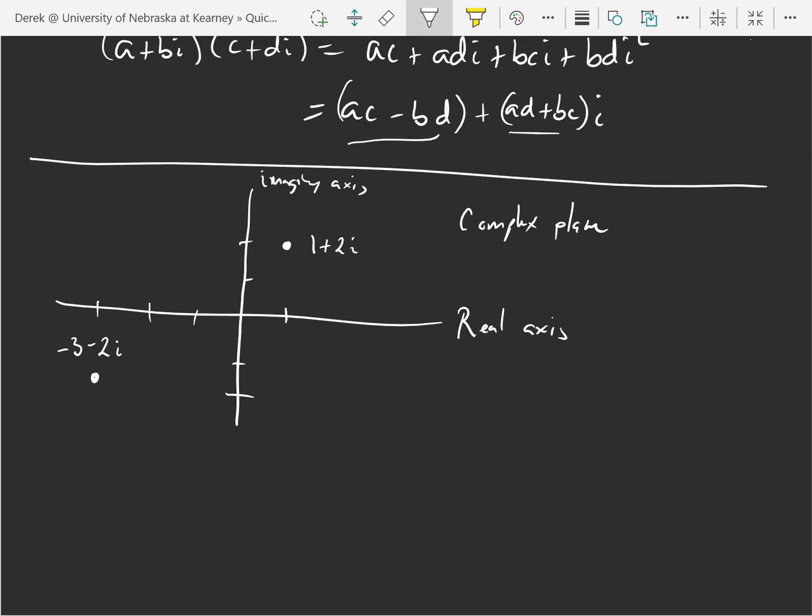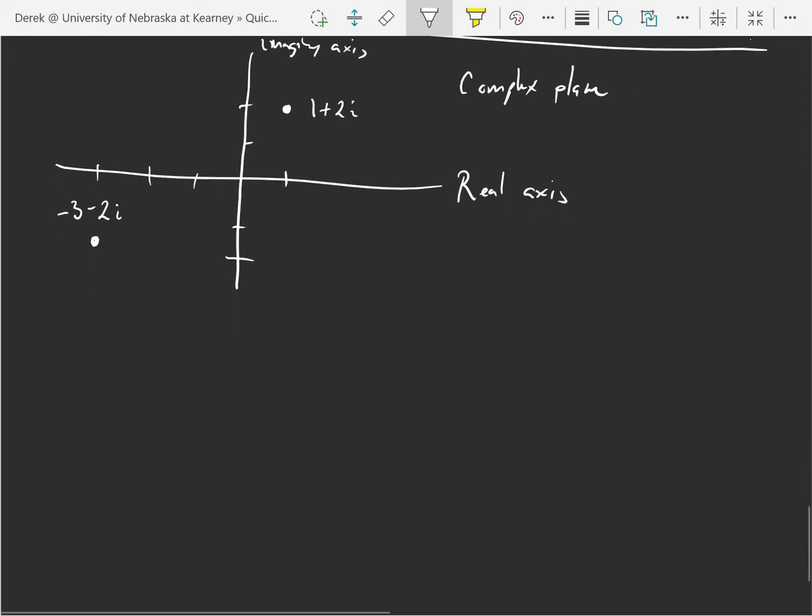But it turns out that polar coordinates, in some sense, are the better way to think about complex values. And let's see how that works. Well, polar here is, here's the angle theta, and here's the radius, how far it is from the origin.